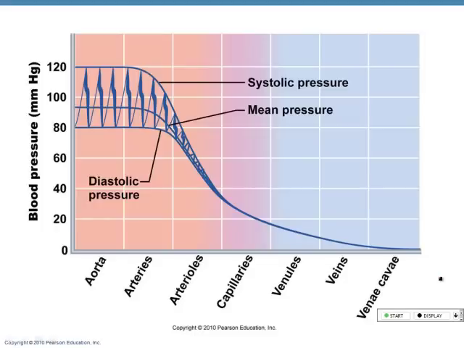So some of the things that are going to affect resistance in the system are things like blood viscosity. What if blood is too thick? It's going to slow down flow. It's going to increase resistance. How about blood vessel length?